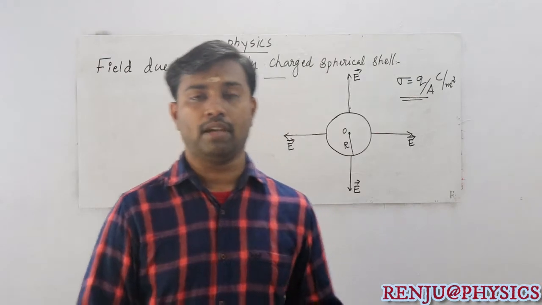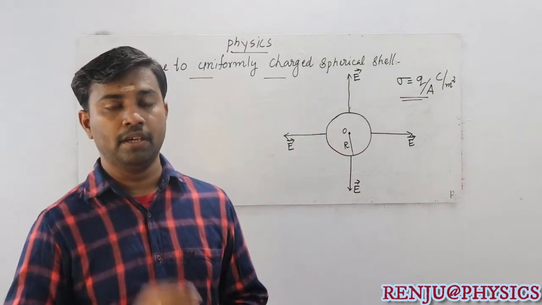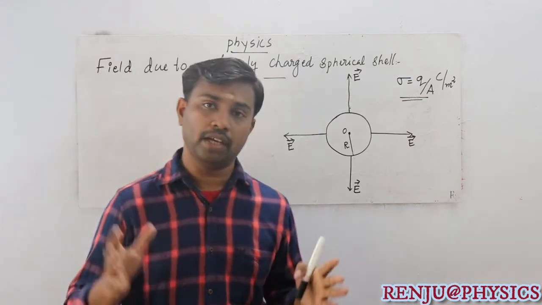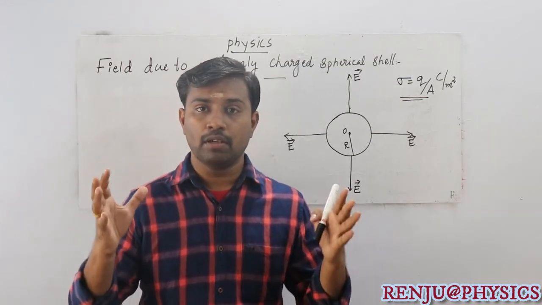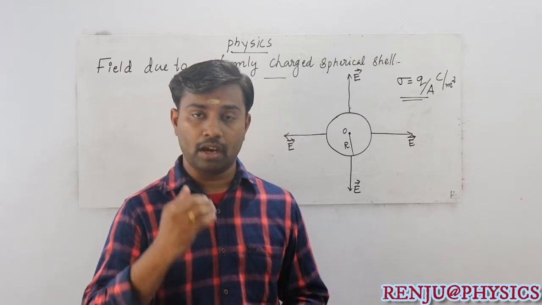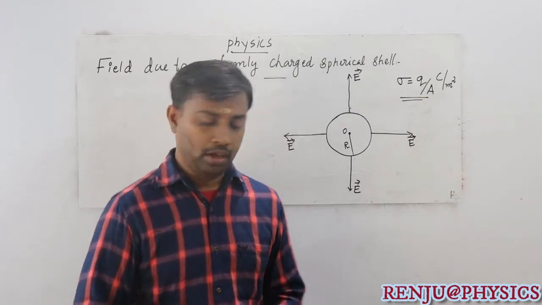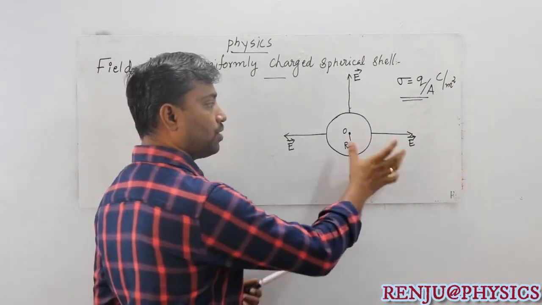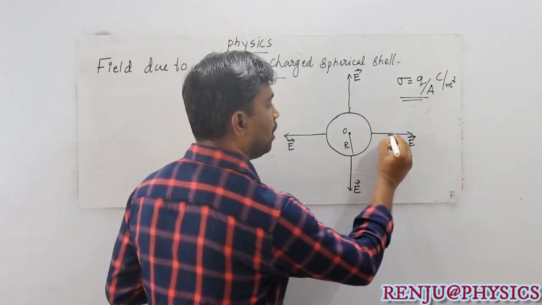First case, we are considering the point P outside the spherical shell. So we are finding the electric field at a point outside the spherical shell.